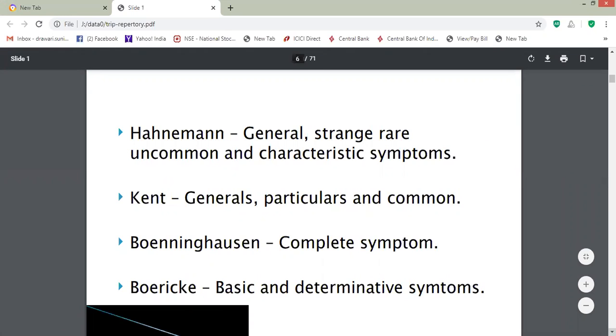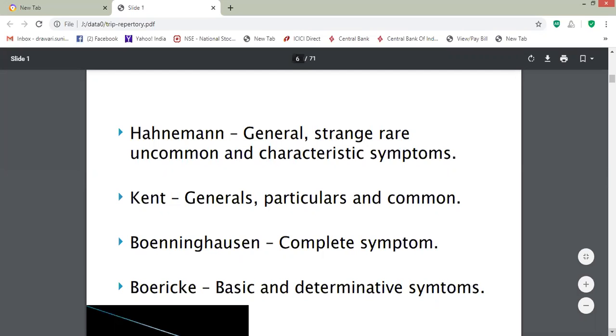Then Dr. Boenninghausen gave importance to complete symptoms, and Dr. Boger gave importance to basic and determinative symptoms. So in this way, according to the author of each repertory, the concept of giving importance to the symptoms differs.